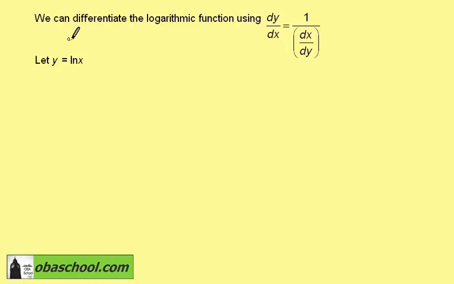We can differentiate the logarithmic function using dy/dx is equal to 1 over dx/dy, which remember was a consequence of the chain rule. So let's let y be equal to ln x.